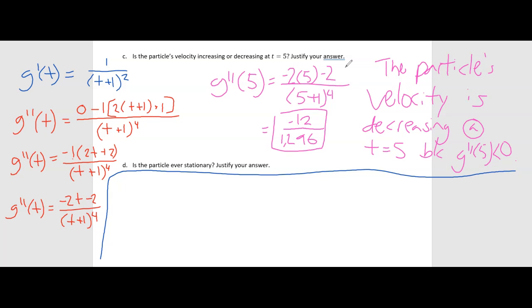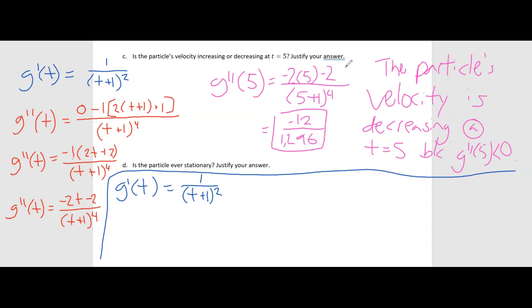However, notice that if we look at g prime of t, which is equal to 1 over the quantity t plus 1 squared, our denominator is going to be 0 at t equals -1, so we don't have to worry about that spot because, again, it's not going to be in the domain. Our time is going to be positive or 0 up to whenever that time stops, so a negative number would not be in that domain.